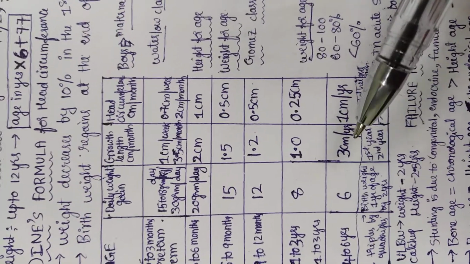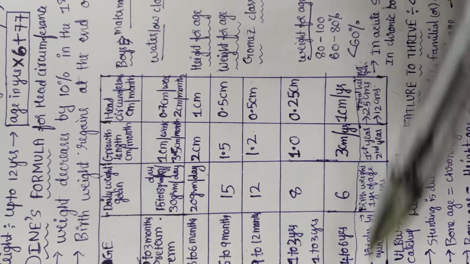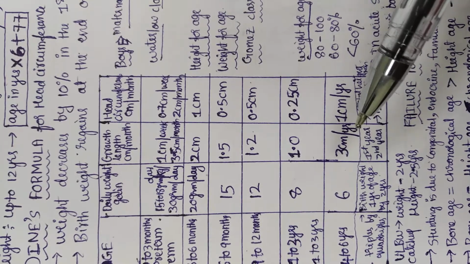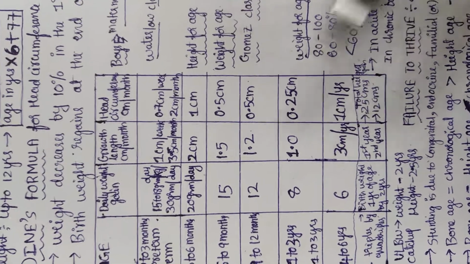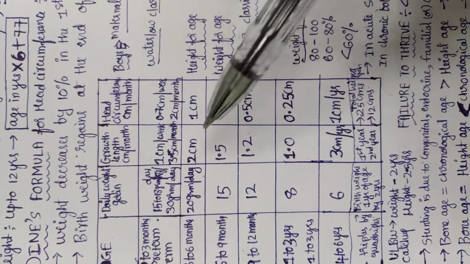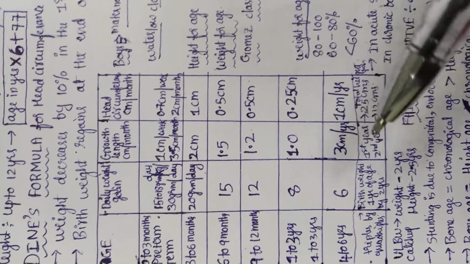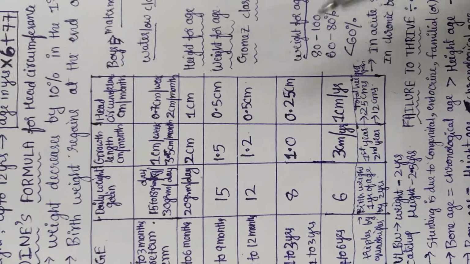But for 4 to 6 years it is 3 centimeters per year. In all the other age groups it is the height gain for every month, whereas in 4 to 6 years it is 3 centimeters per year.